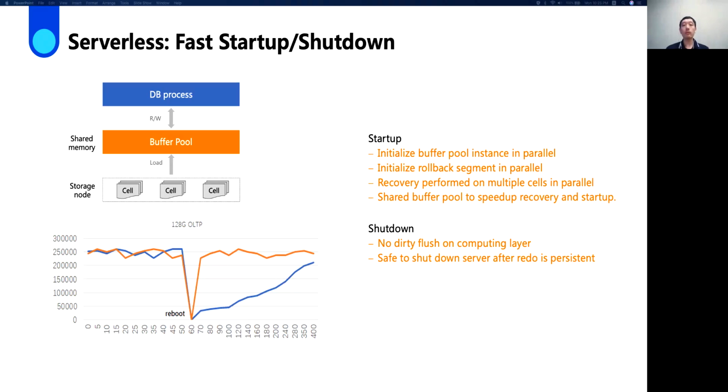Compared with the regular instance, it takes longer to warm up the buffer pool before the peak throughput can be reached. This can be indicated by the blue line. As for the shutdown process, since there is no dirty page flush on the computing layer, it's pretty safe to shut down the server right after the redo log is persistent on the storage layer.